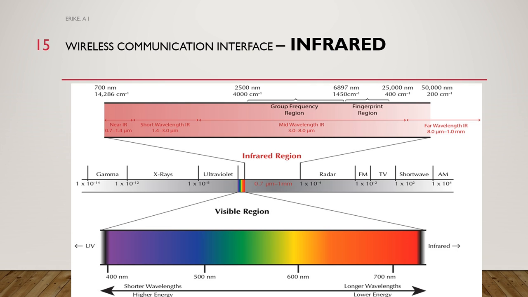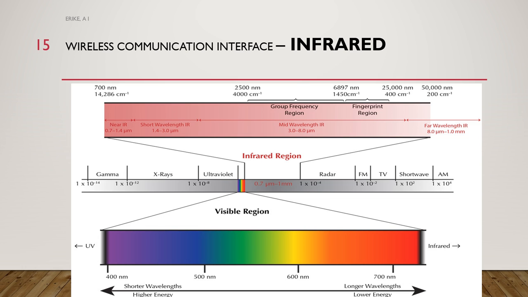allowing an expanded number of devices. Okay, so the next in our wireless communication interface list is the infrared. The infrared actually operates in the region of about 0.7 micrometer to 1 millimeter in the light spectrum.